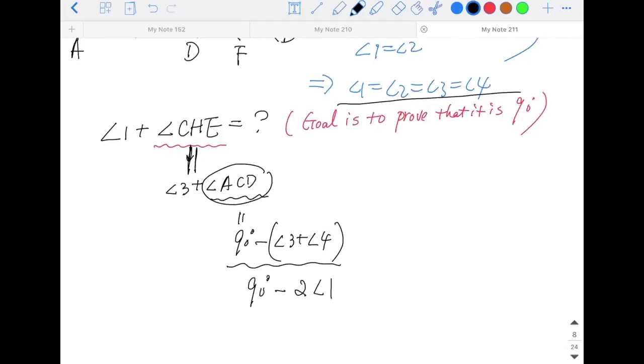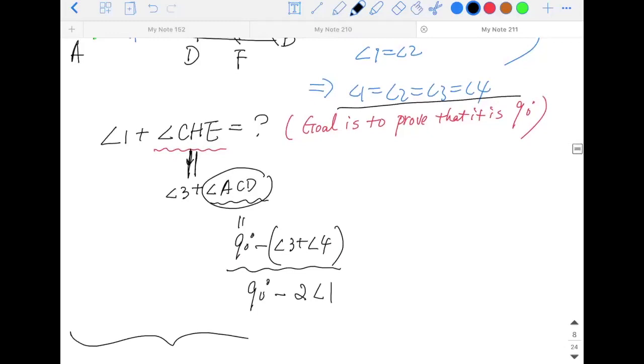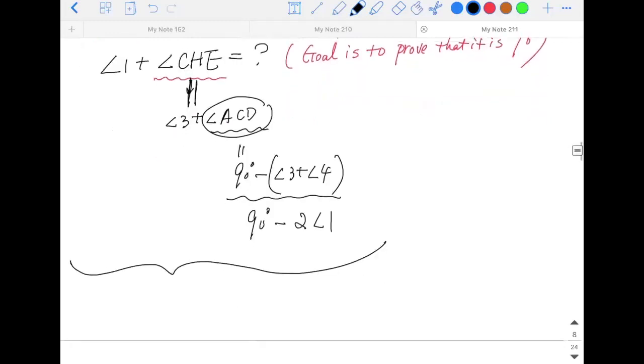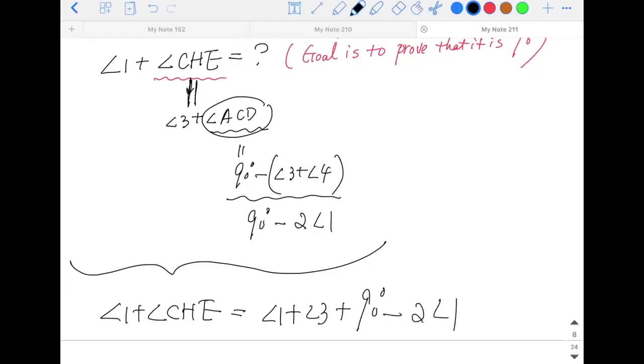Okay, if I put everything together, it means angle 1 plus angle CHE will be the same as angle 1 plus angle 3 plus 90 degrees minus 2 angle 1. I just plug in the value, right? So angle 1 plus angle 3, because everyone is the same, will be equal to 2 angle 1.